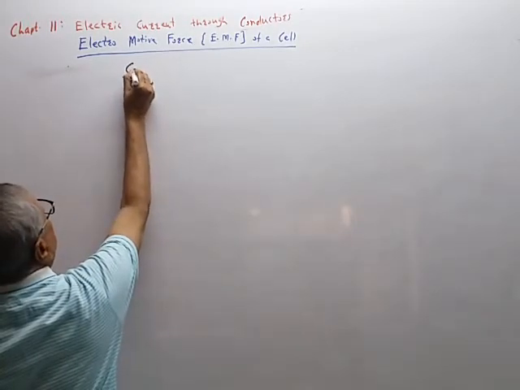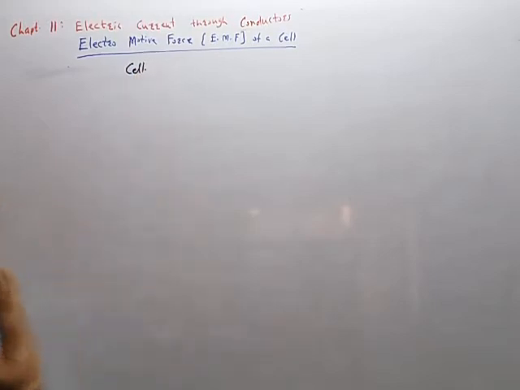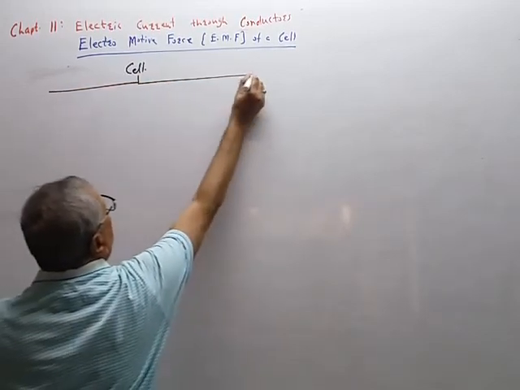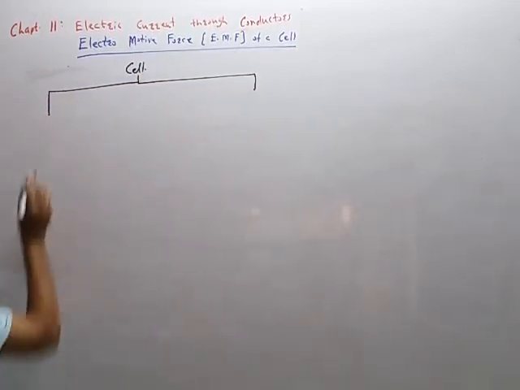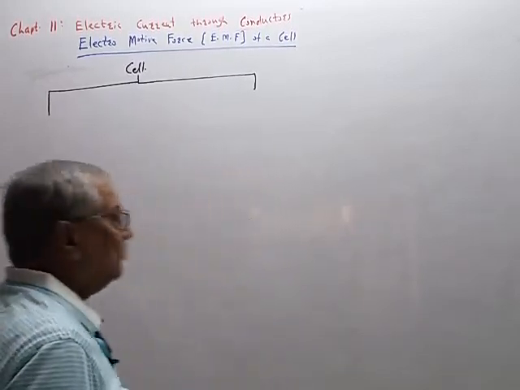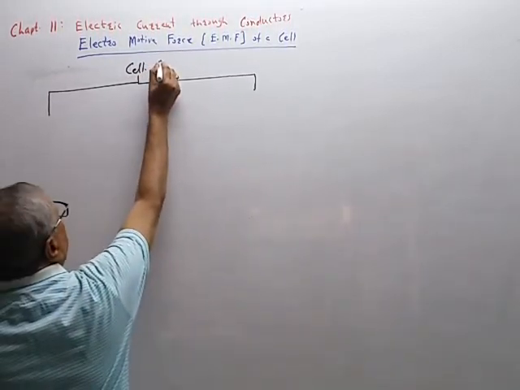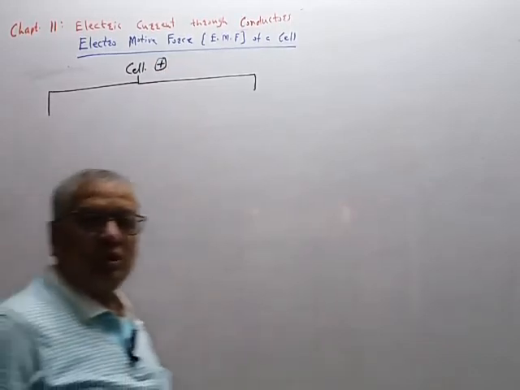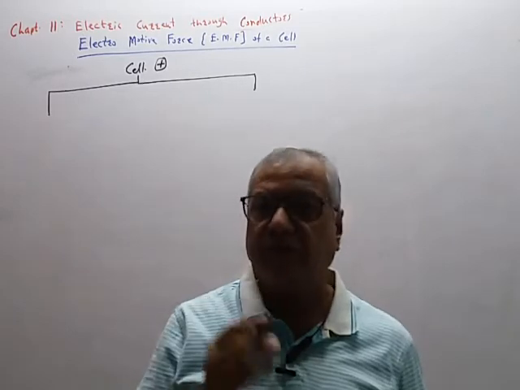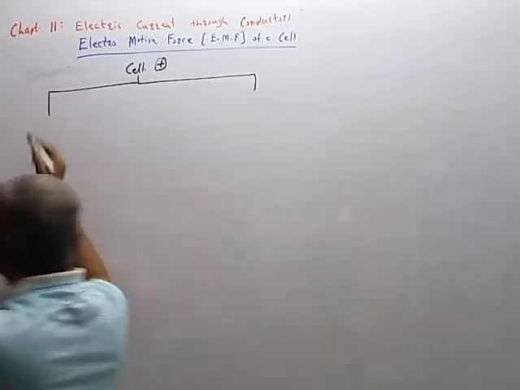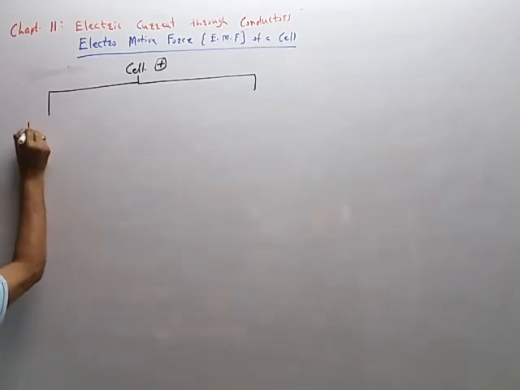Types of the cell. Depending upon the classification, the cell can be given like this. Please add this part in your notes. What is the principle of working of the cell? Depending upon that, the classification is like this.